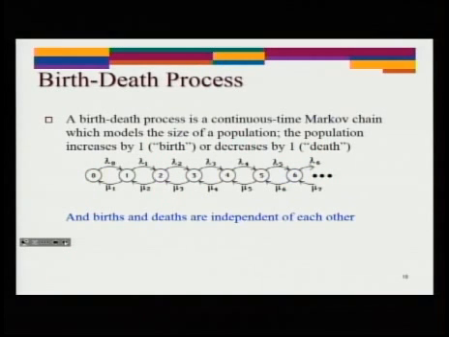Also last time we talked about the birth-death process as a special case of continuous time Markov chain, right? The birth-death process models the size of a population. In the birth-death process, the population always increases by 1 or decreases by 1. Another assumption is that the birth and death are always independent of each other.